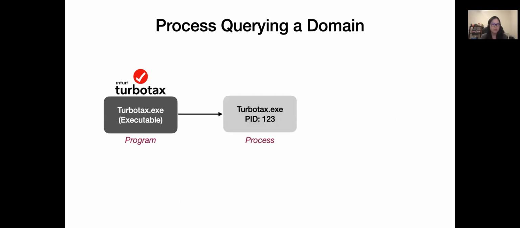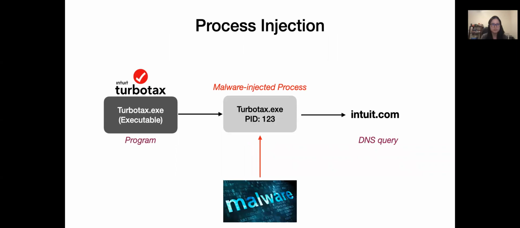Then if I click open it, it'll create a TurboTax process with process information such as PID, which is the process ID, timestamp, path to the executable that instantiated the process, and so on. Once I close TurboTax, the process will be killed. And while the process is active, it queries intuit.com, which is the domain of the company that makes TurboTax.